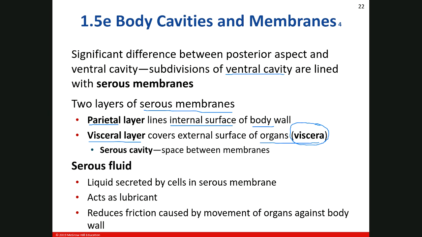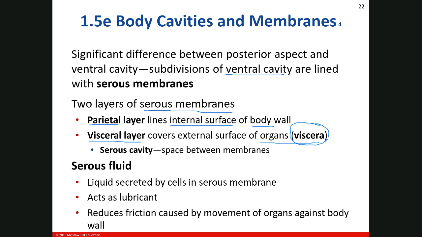I pull out your liver, I see the visceral layer lining your liver, your stomach, your intestines. We call it the visceral layer because our organs are called viscera. So the visceral layer is the actual external layer of whatever organ you're looking at. In between these two layers, we have a cavity, and that's called the serous cavity.